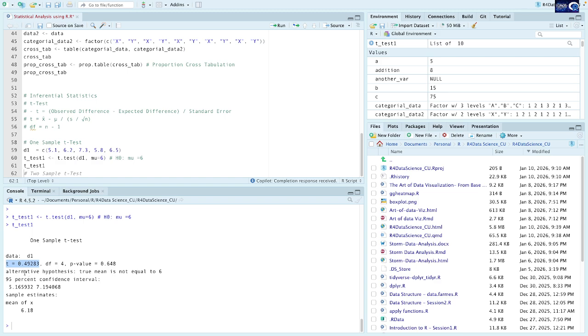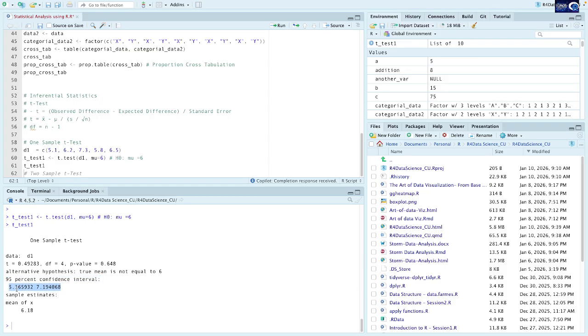Now the alternative hypothesis here is that the true mean is not equal to 6, and H naught is that the true mean is equal to 6. Here we have a 95 percent confidence interval, and the values fall between these two values.